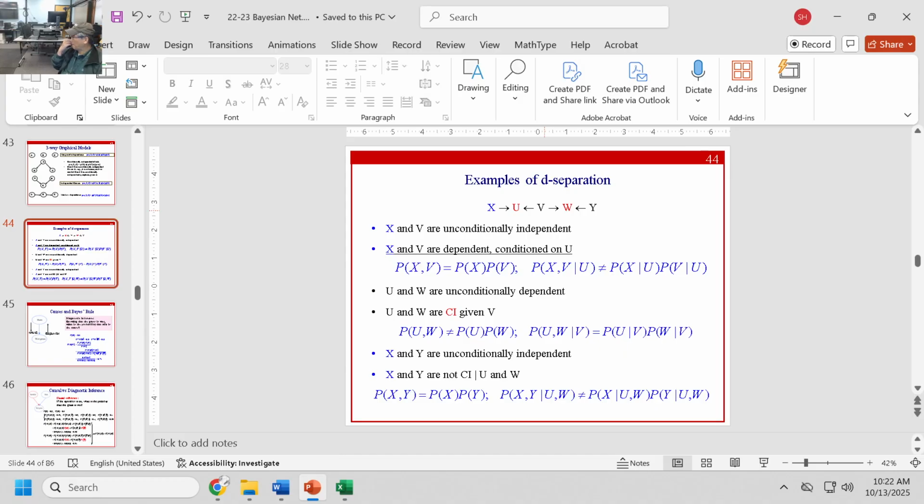So U would essentially be the link between X and V. In our world, X can cause U, and V can cause U. For example, would you agree with me that we're the product of our parents? So X can be my dad, V can be my mom, and U is me.